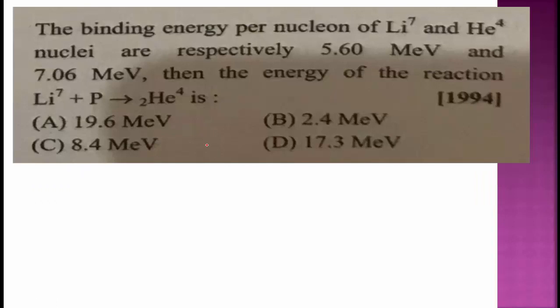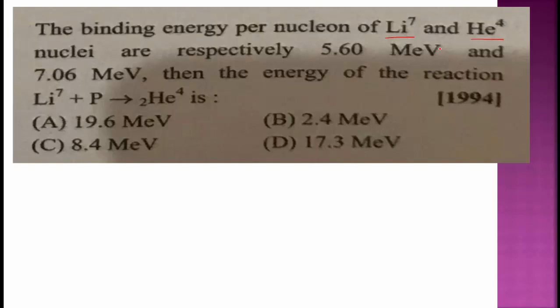And the next problem is, the binding energy per nucleon of lithium 7 and helium 4 nuclei are respectively 5.60 mega electron volt and 7.06 mega electron volt.